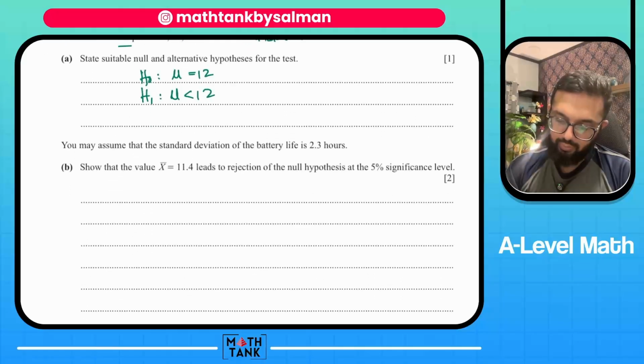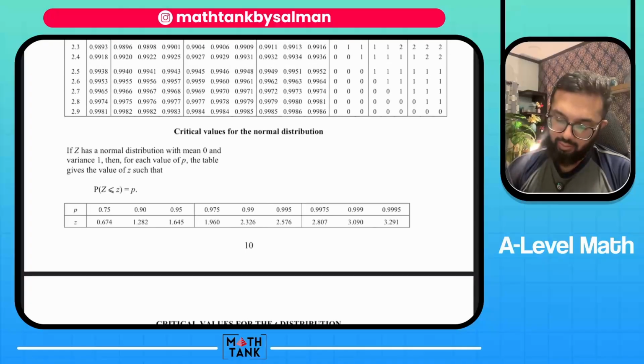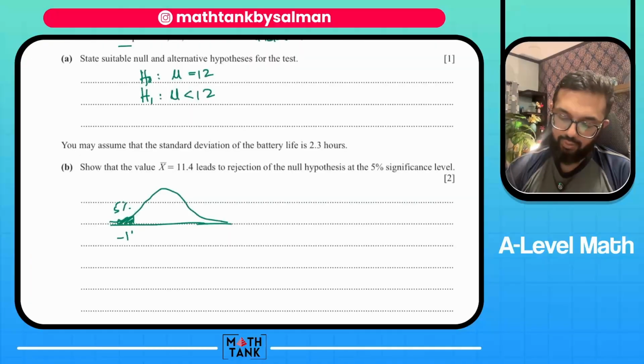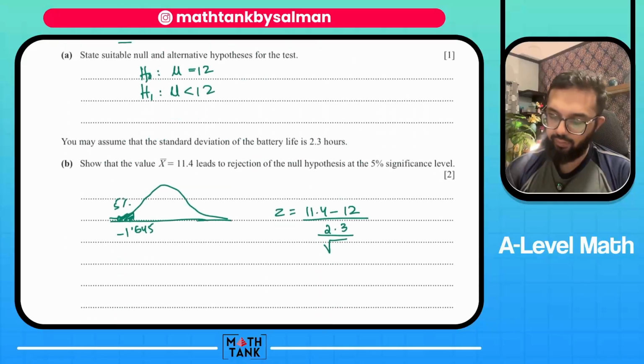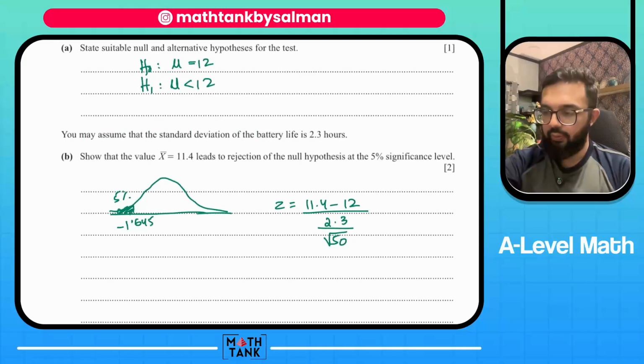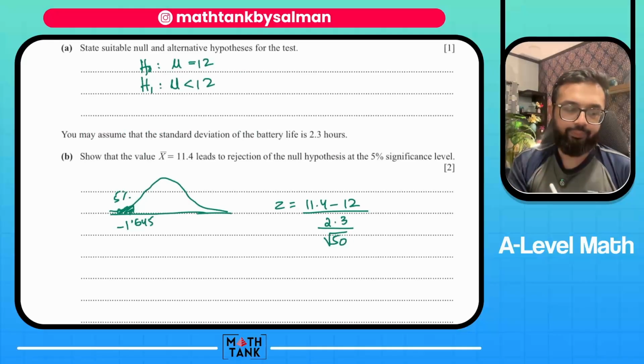Okay, so draw the rejection region first at the 5% significance level. The 5% gives you 1.645, so negative 1.645. I calculate the z value of the test statistic: 11.4 minus 12 divided by 2.3 over root of 3. So what is my test statistic then?